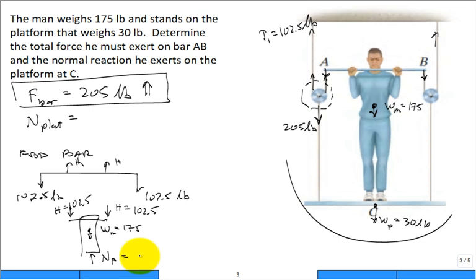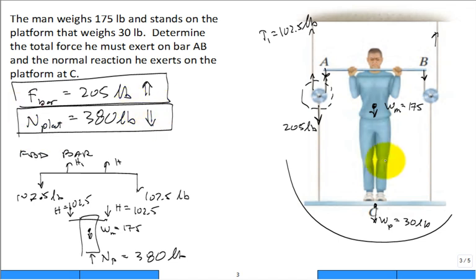It's going to be registering a whopping 380 pounds. 380 pounds. Yeah. And it's in the same direction: the reaction that the man exerts on the platform is pushing the platform down. He's standing on the platform. So there you go. So you better have some strong knees. Otherwise, the knees are going to buckle, right? That's what's going to happen to the man.